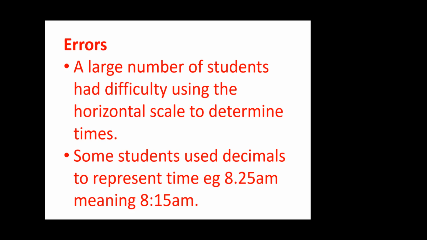And even a simple one that we would think 8:30 should be written, they'd put 8:50. So they were looking at it as a decimal of hours as opposed to the actual time. So to me, that shows that there are quite a few issues that students have in using scales for time and how that was broken up.